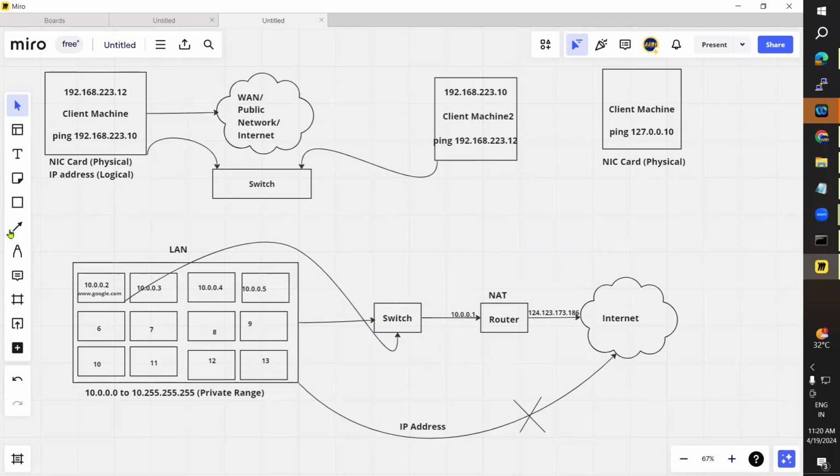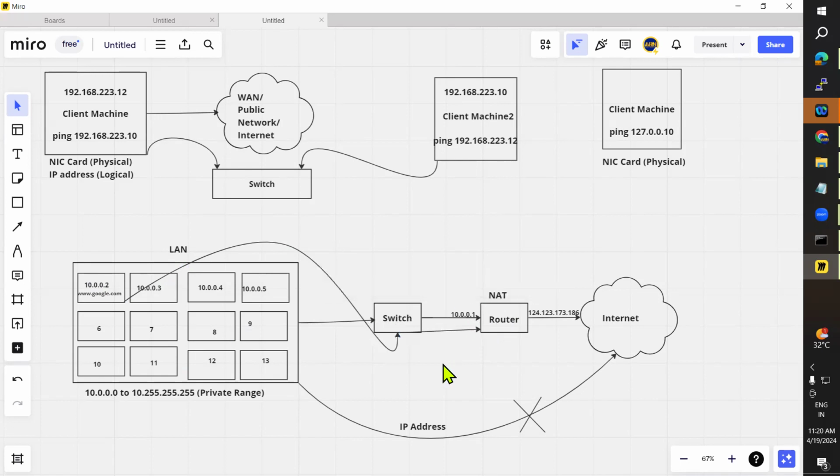So the request went on 10.0.0.2. I browse the google.com site on this IP, so this IP will take the request to the switch and to the router.